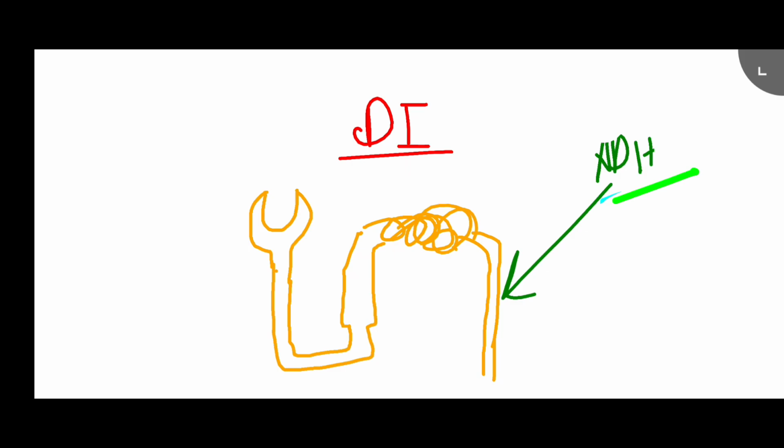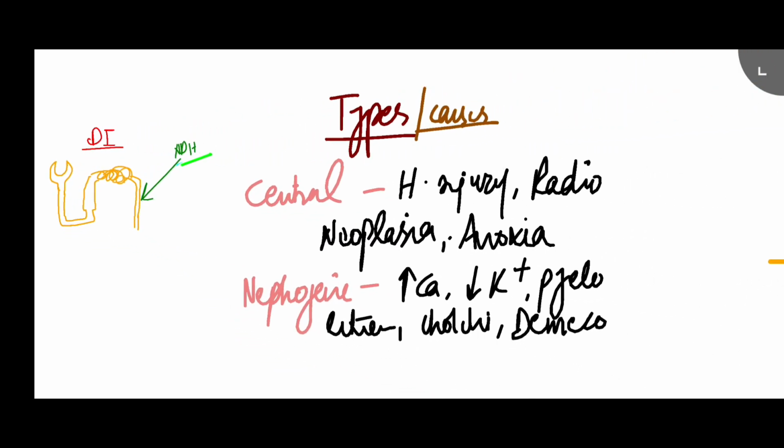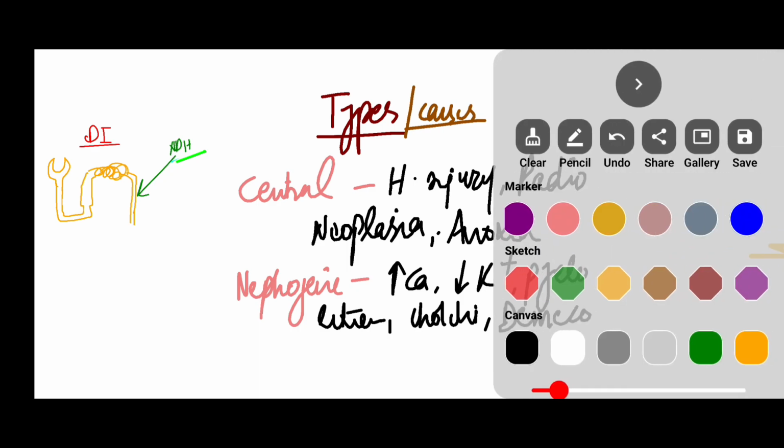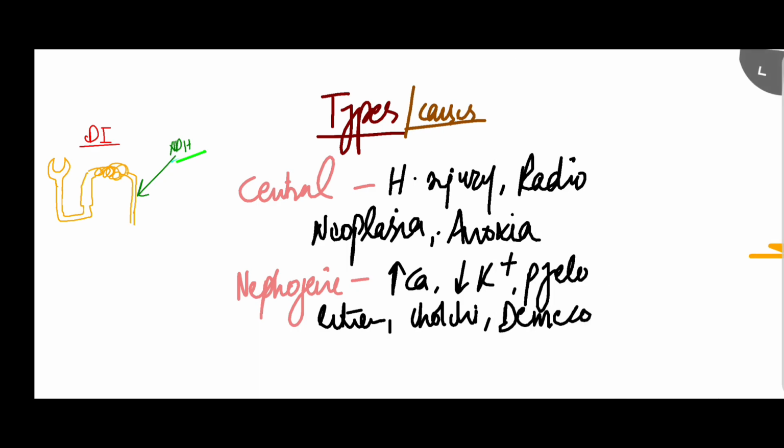Now there are two types of diabetes insipidus. Let's talk about the causes and the types. So there are two types, central and nephrogenic. Now, here is the difference. Central diabetes insipidus is a disorder of the neurohypophyseal system, and there is a partial or total deficiency of ADH.